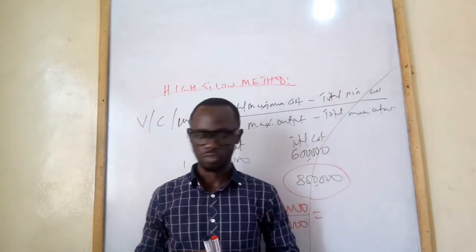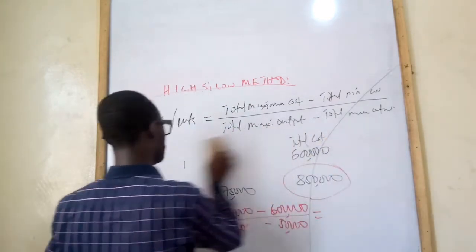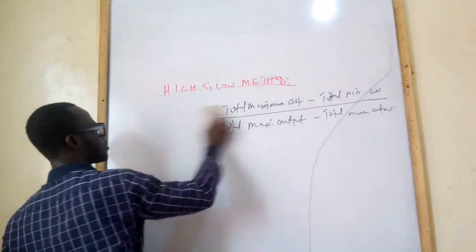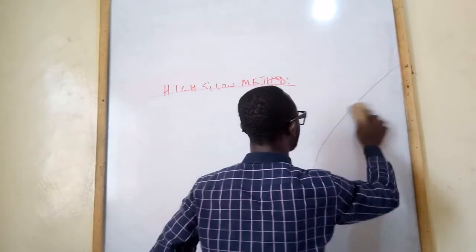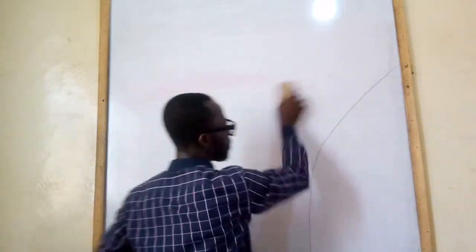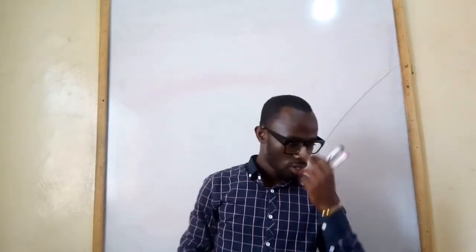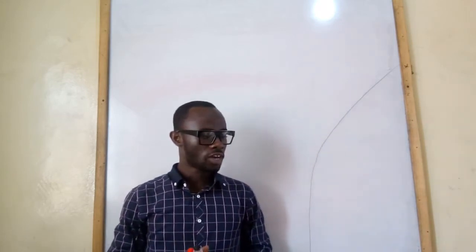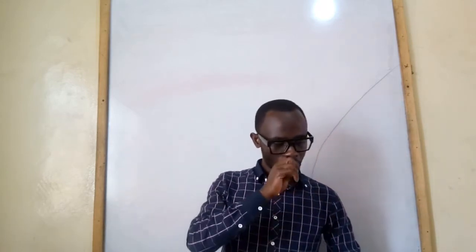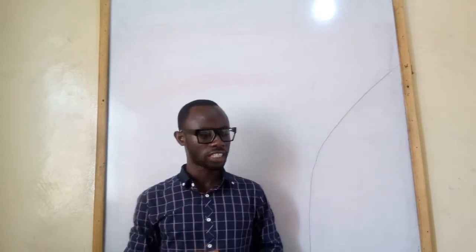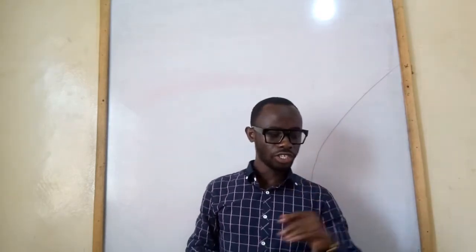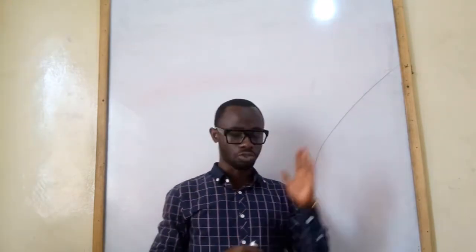Let's look at a question that I have put together in your handout so that we can see how to solve it. Example 1, high and low method. DK company has recorded the following total cost during the last 5 years.